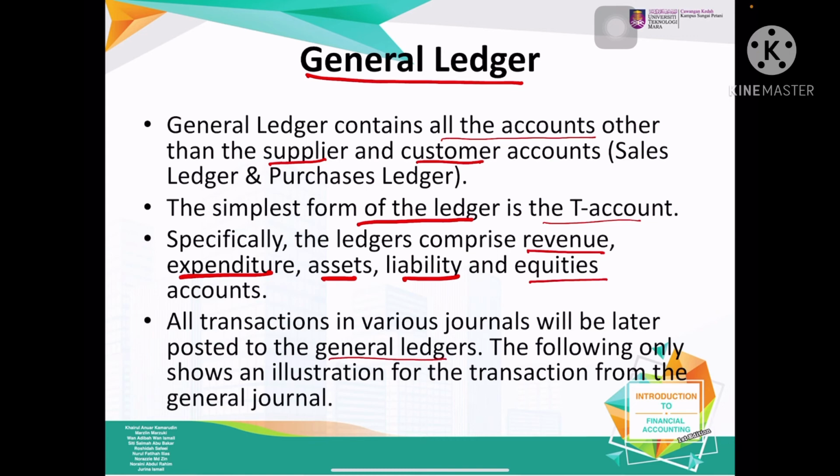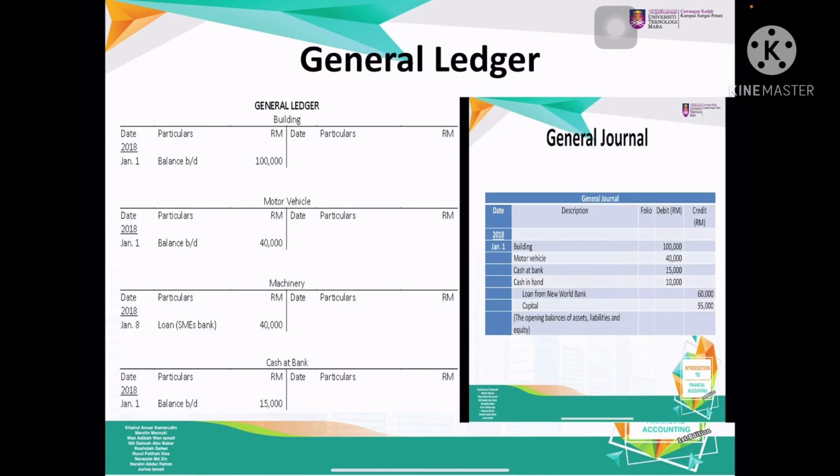The following only shows an illustration for the transaction from the general journal, the illustration that we did before. We can see here from the general journal, we have building, motor vehicle, cash at bank, and cash in hand. These are all assets, so we are going to debit each individual account.